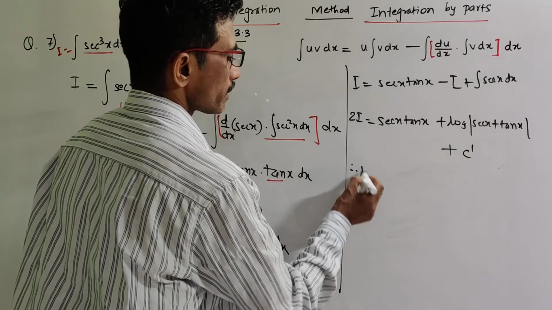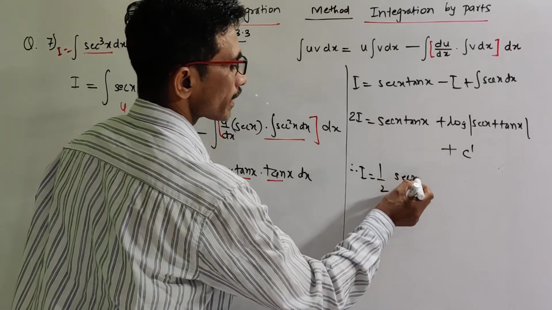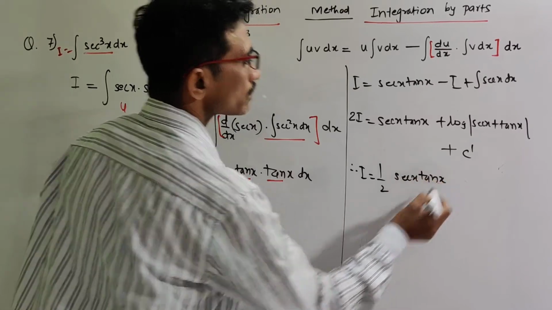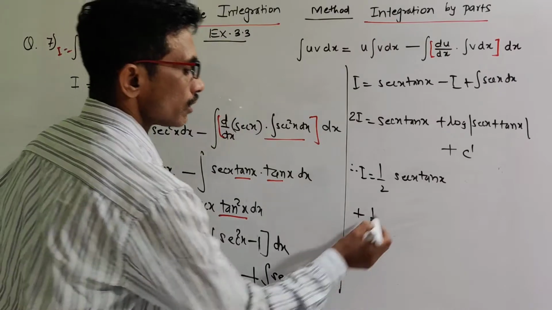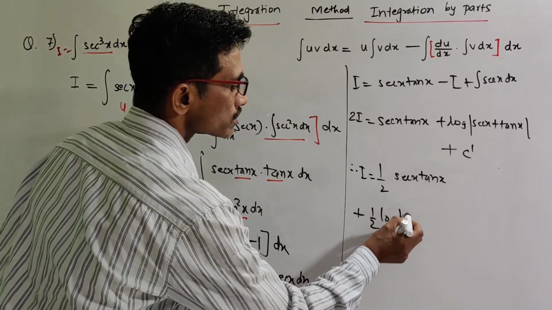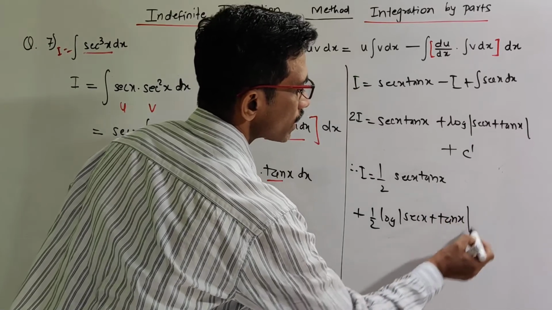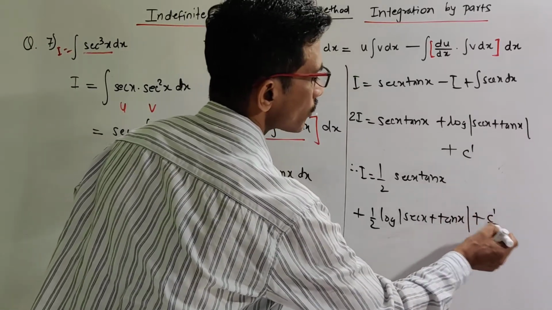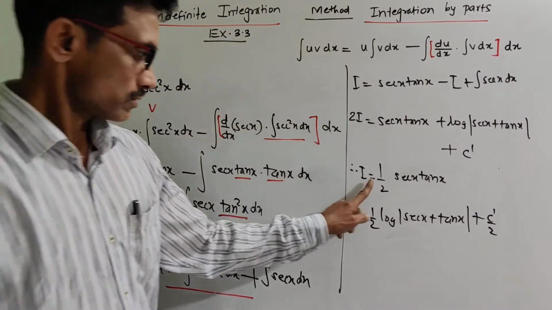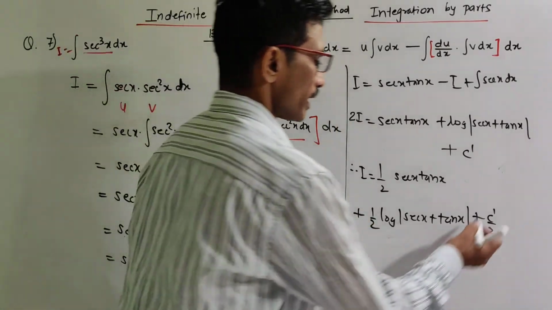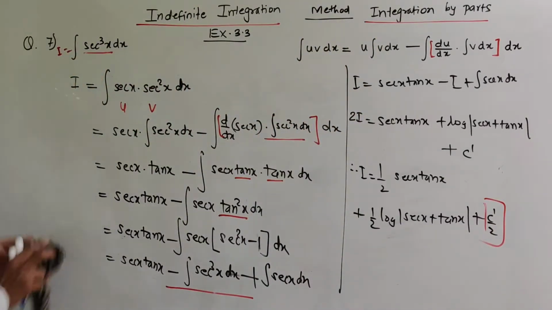So required integral I is equal to 1 by 2 sec x tan x plus 1 by 2 log of sec x plus tan x and plus c dash upon 2, because dividing by 2 we required I, so c dash upon 2 we will write as C, and finally you will be getting the answer.